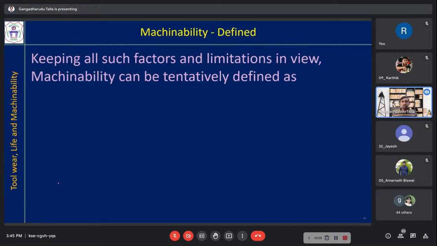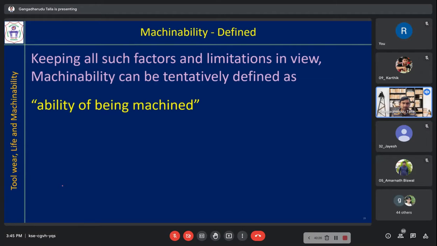So now you can define machinability again. We have seen the meaning of machinability: it is the ease of machining a particular material.